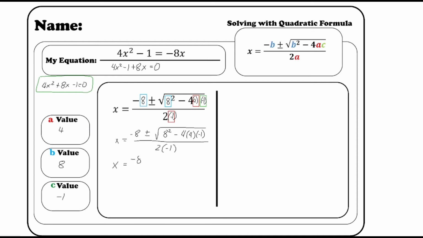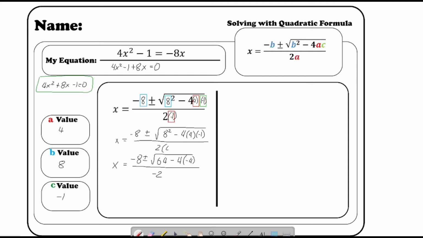So, again, solve natin. So, negative 8 plus minus the square root of 8 squared. So, 64 yon. Minus 4 times 4 times negative 1.